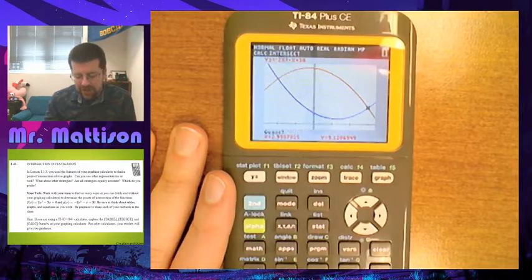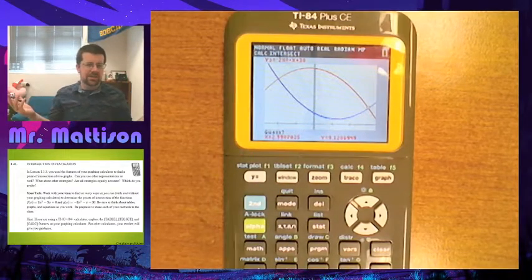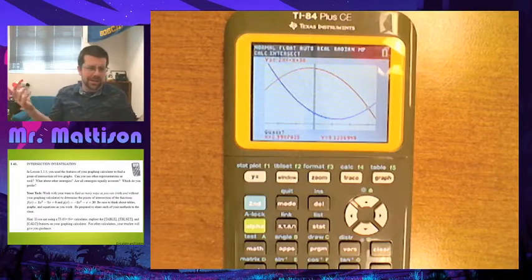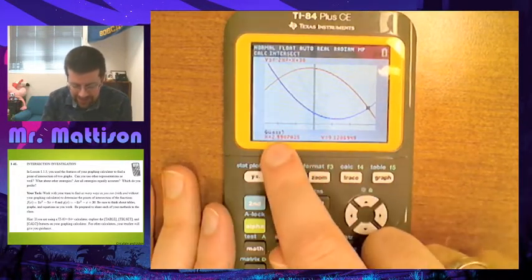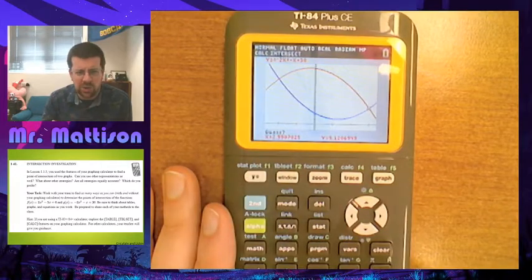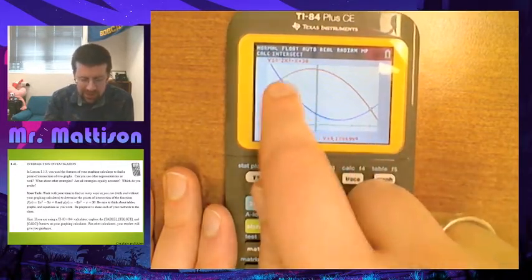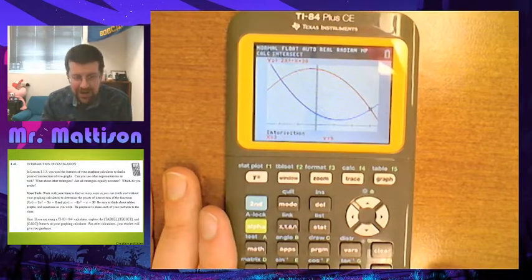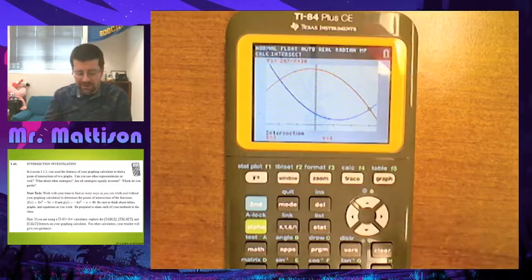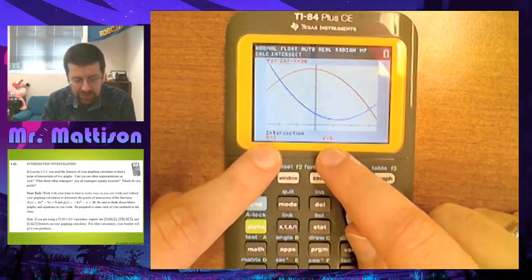Hit enter on that. If you only ever have 2 lines in there, just hit enter twice, because it's going to ask you those same 2 things, and it's fine. And then it says guess, because it needs to know about where you are looking. Are you looking for this one, or some other one, right? So I'll hit enter there, and it'll find the exact calculation of that point, and that is the 0.39.